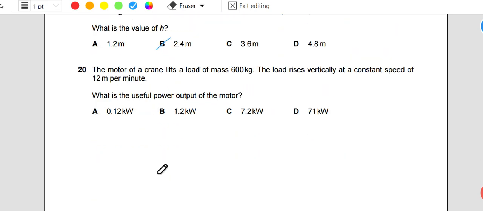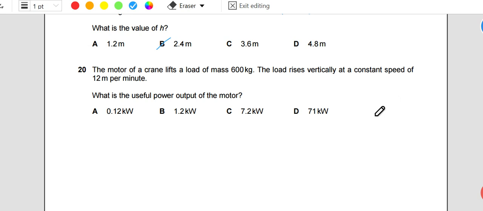The motor of a crane lifts a load of 600 kg. The load rises vertically at a constant speed of 12 meters per minute. What is the useful power output of the motor? We have power to be energy divided by time.